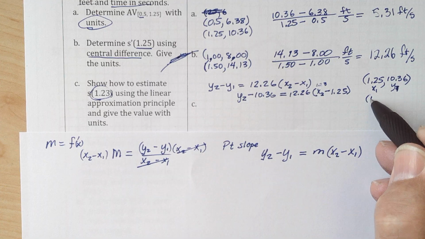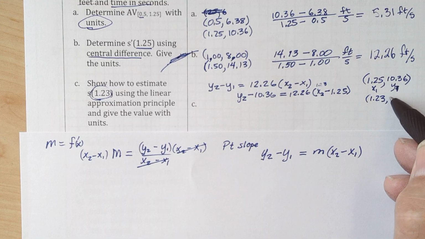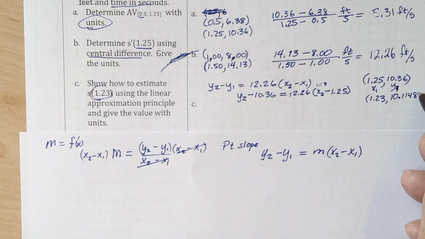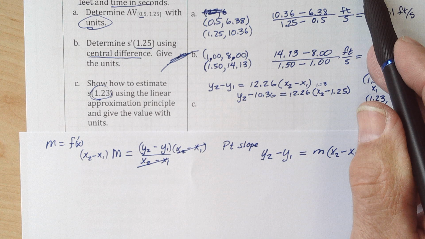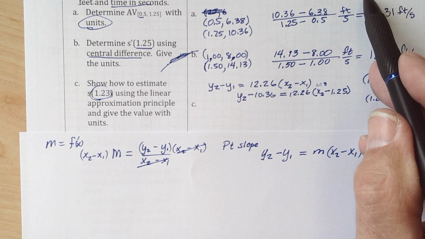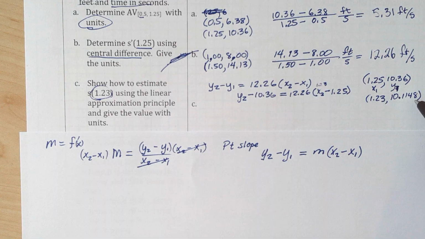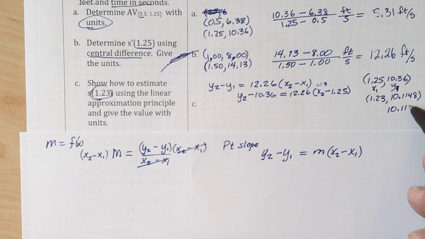So at 1.23, we're estimating that we're going to get 10.1148. So that would be a place here, a little bit before, where we're thinking it's going to have a position of 10.1148 feet. And that's the units, and that's an answer.